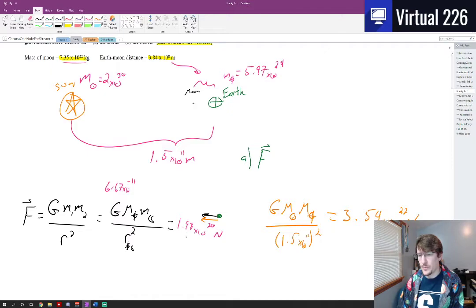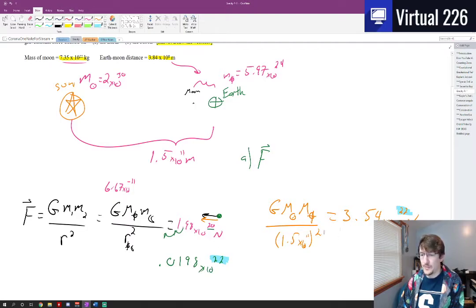If we actually take a look at this, it's pretty much just going to be the 3.54. We could rewrite 1.98 times 10 to the 20th in terms of 10 to the 22nd by moving the decimal over 2, so this would be 0.0198 times 10 to the 22nd. And since the times 10 to the power are now the same, we can just add up the numbers out in front.